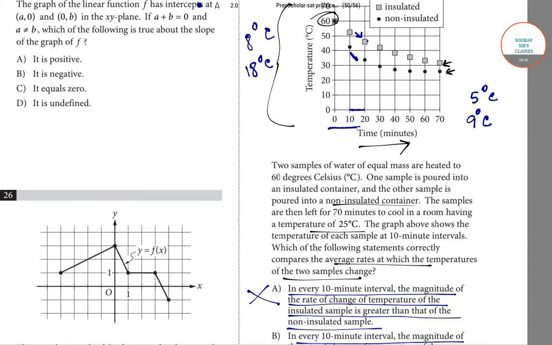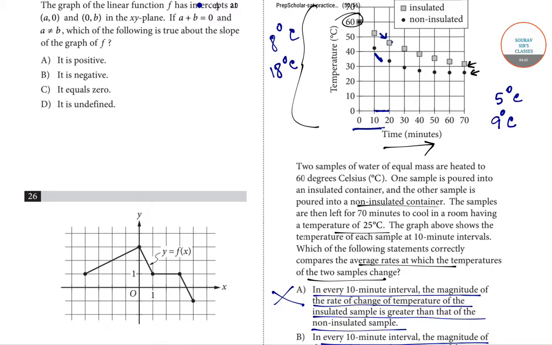But here also, if you look at the graph very carefully, in the interval of 30 to 40 minutes, the magnitude of change of the non-insulated sample is very low, and also in the 60 to 70 minutes interval, the magnitude of change in the non-insulated sample is 0 degrees Celsius, whereas the rate of change in the insulated sample is almost 2 degrees Celsius.